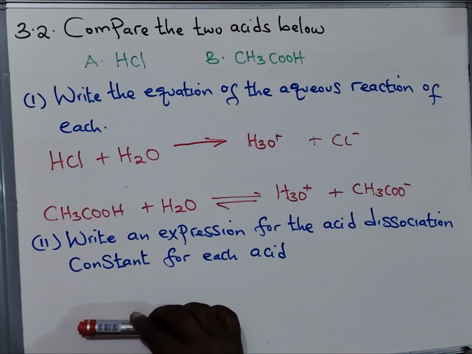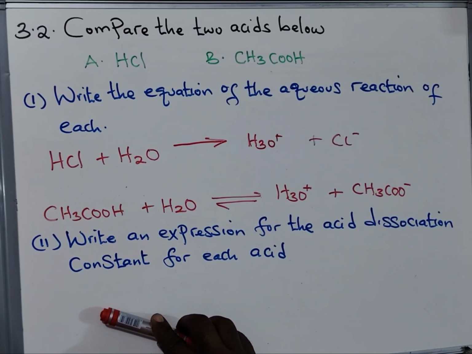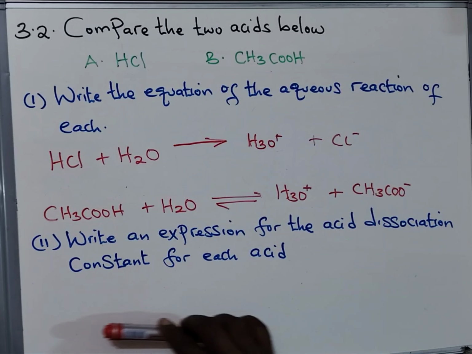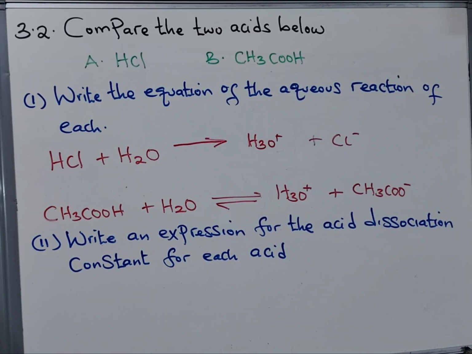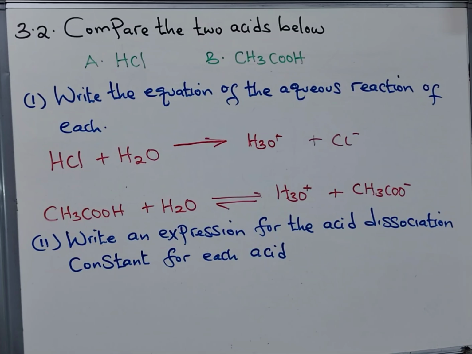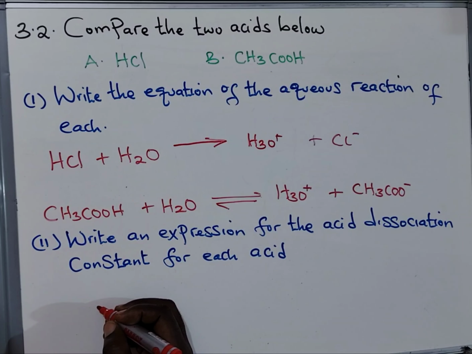Yeah, so comes this question. It says, write an expression for the acid dissociation constant for each acid. Okay, let's start with hydrochloric acid. How do you write it? It is acid dissociation constant, so it's Ka.